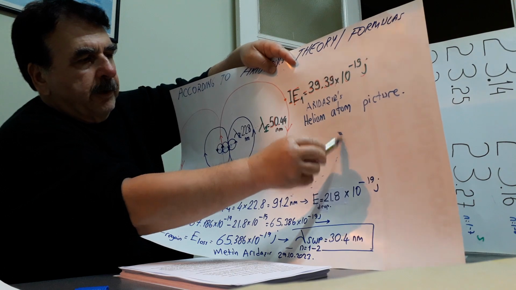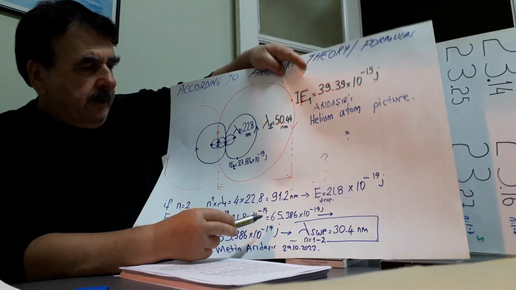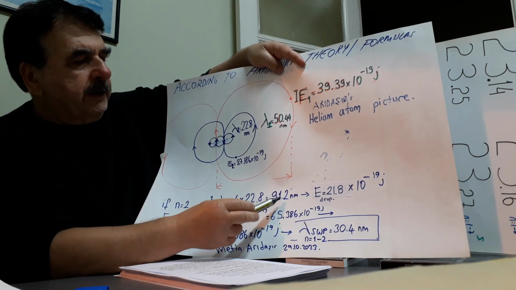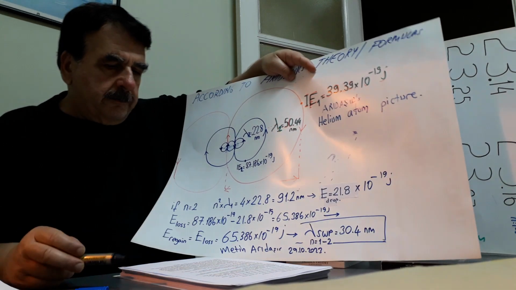We choose a point on this, energy and wavelength: 91.2 nanometer. Okay.